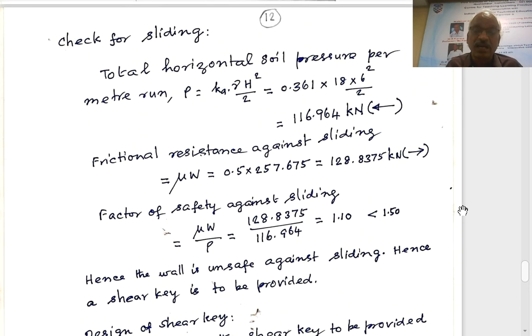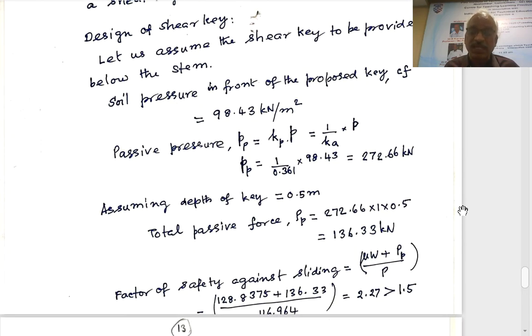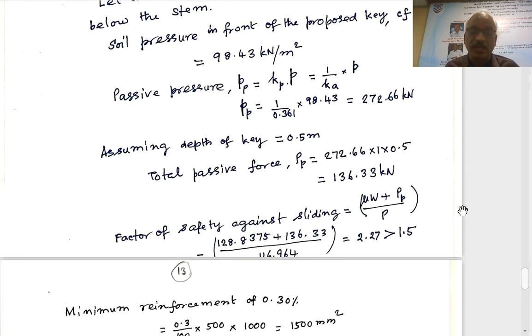The force that causes the wall to slide is 116.964. These are the two resisting forces, 128.8375 plus 136. When these two are added and divided by 116.964, you get 2.27.